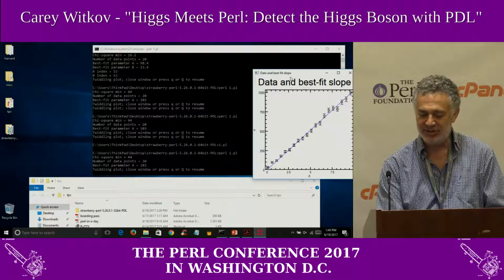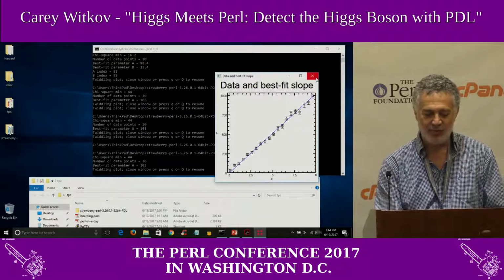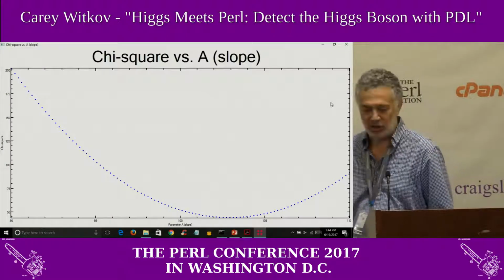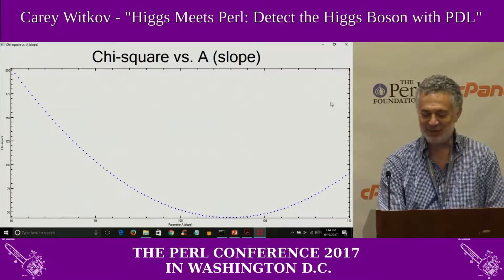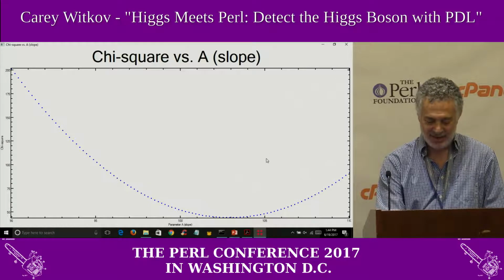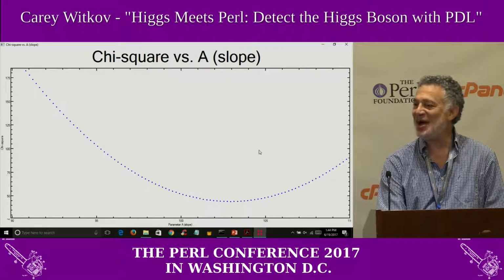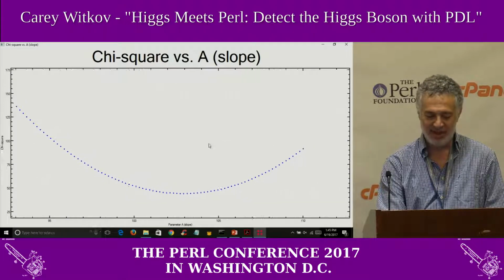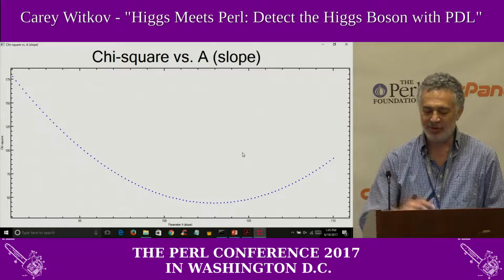I'm going to close this, and now this is the actual graph of chi-square versus the slope. And one of the nice features of David's module, this being in Prima, is that we're able to move this around and see interactively where the minimum is. So remember just how this works.